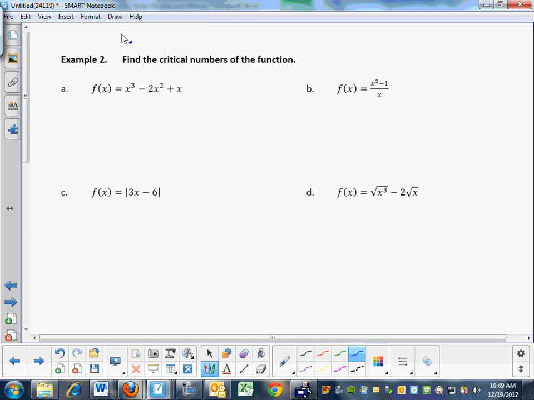Find the critical numbers of the function. Is there anywhere where that function is undefined? Nope, it's a nice polynomial. Polynomials are generally defined over entire domains from negative infinity to positive infinity. So what I need to do now in order to find the critical points is I need to find where f prime of x is equal to 0. What is f prime of x?